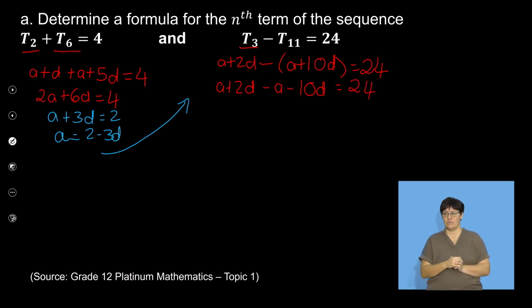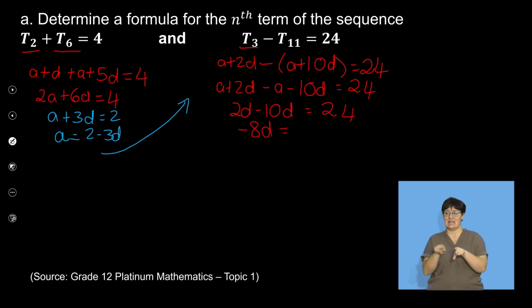And on this side, guys, our lives are going to be much easier because the A's cancel. So I'm going to have 2D minus 10D is equal to 24. So it's going to be negative 8D is equal to 24, which means that D is equal to negative 3.